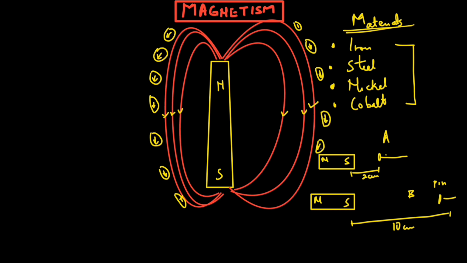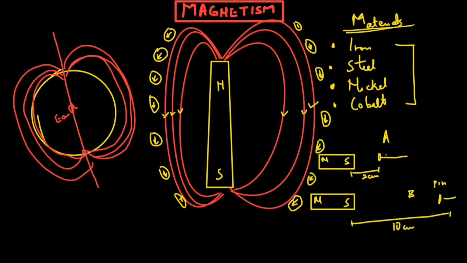So if you're not sure in a magnet as to the direction of the magnetic field lines, all you have to do is just place a compass near it, and then the direction of the compass will show you the shape and the direction of the field lines. Now, the way the compass works, it responds to the magnetic field of the Earth.